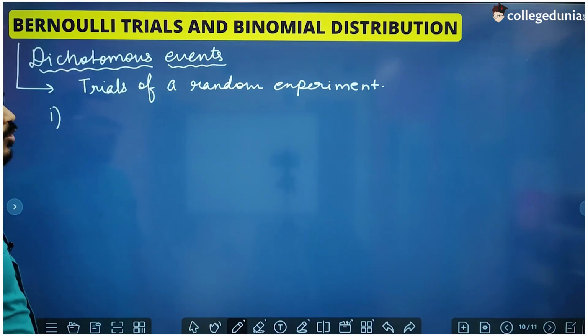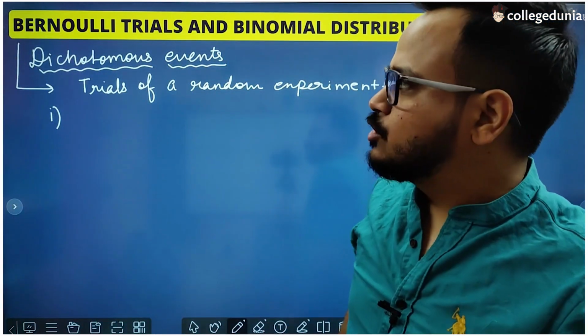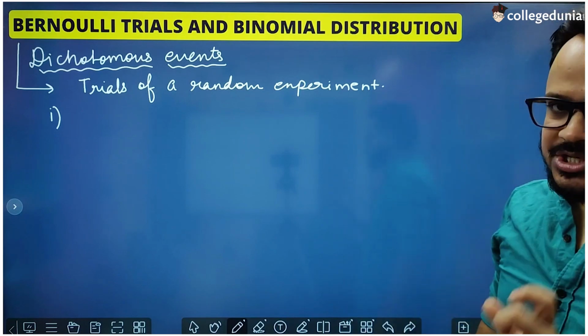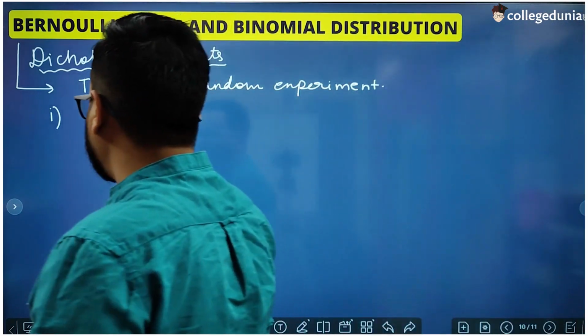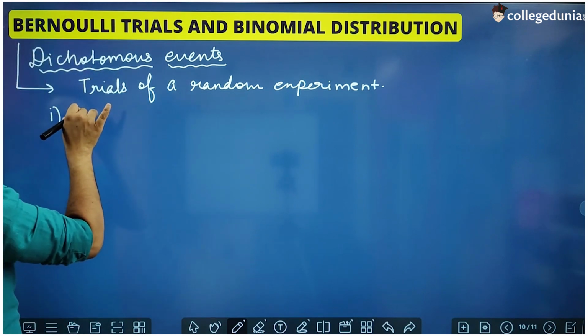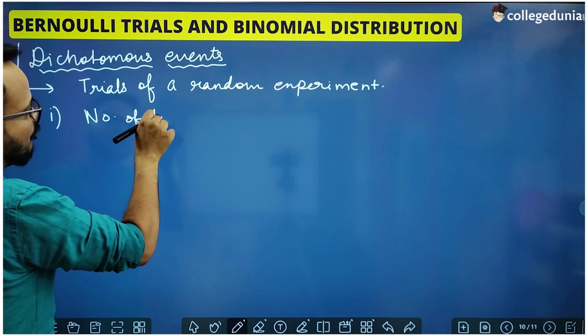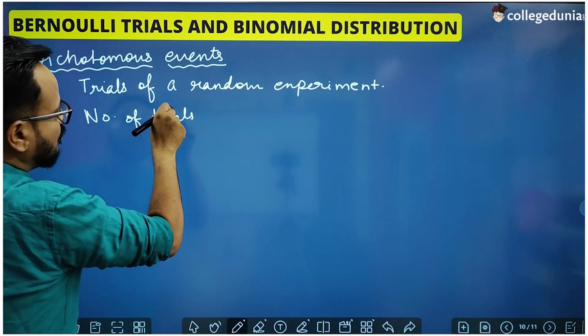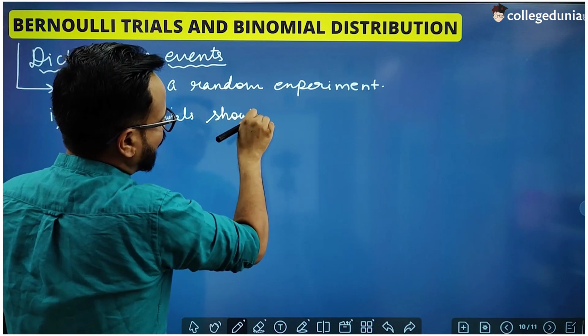Number one, we are going to call the trials of an experiment Bernoulli's trials only when they satisfy these four conditions. Number one, number of trials should be finite.